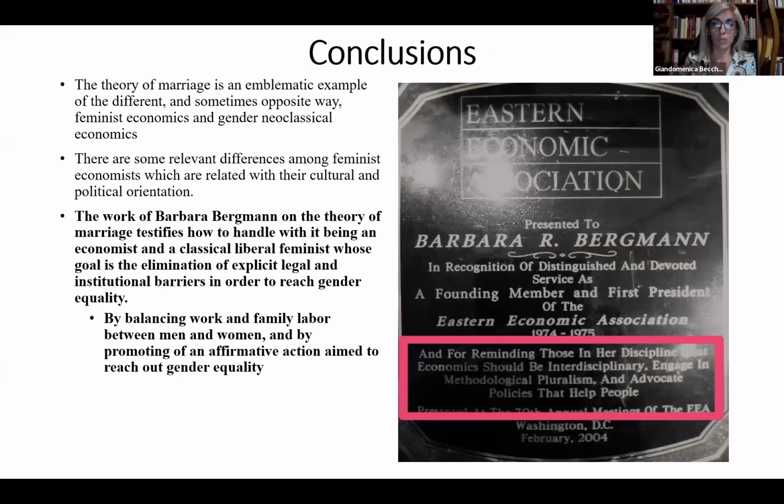And so I'm concluding. I don't know if I'm running out of time. I'm just saying that the theory of marriage, very quickly, is a case to somehow understand the different approaches of neoclassical gender economics and feminist economics. Thank you.